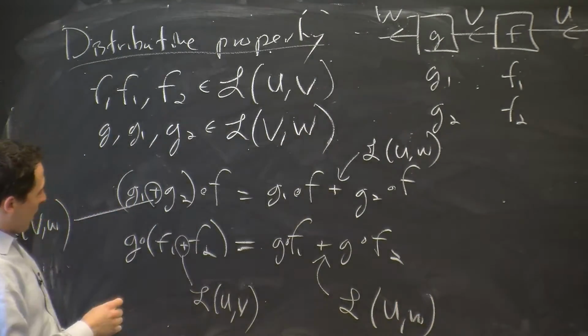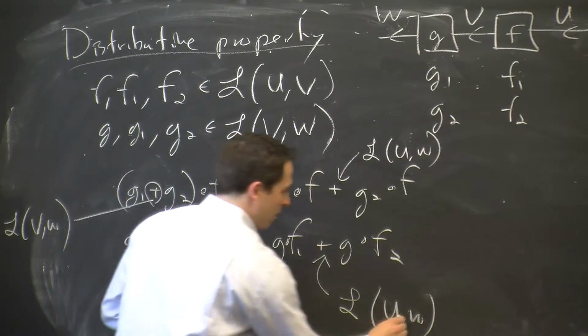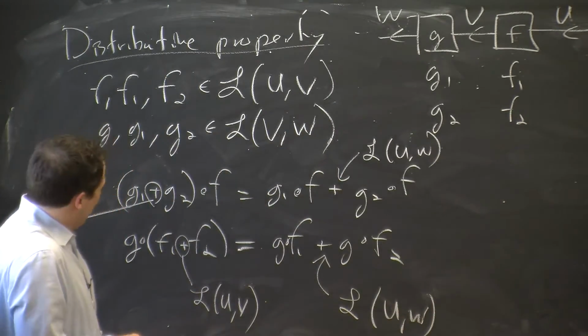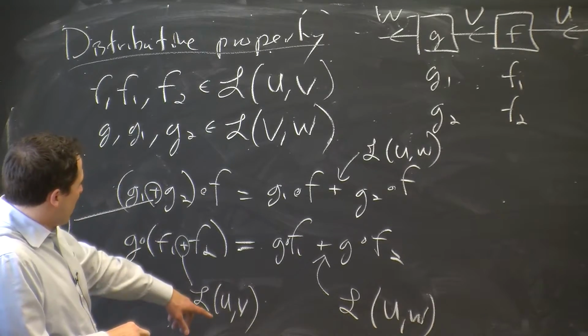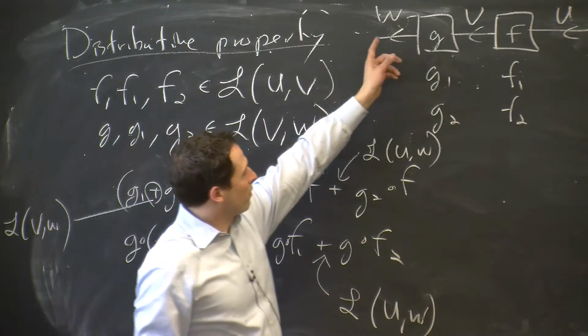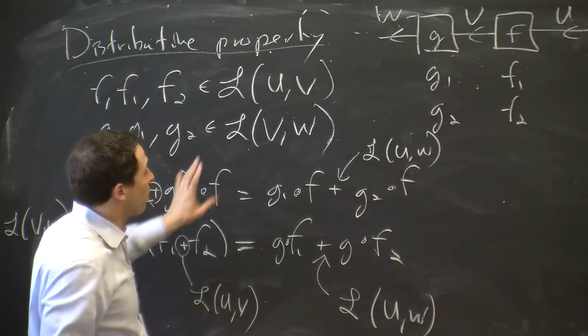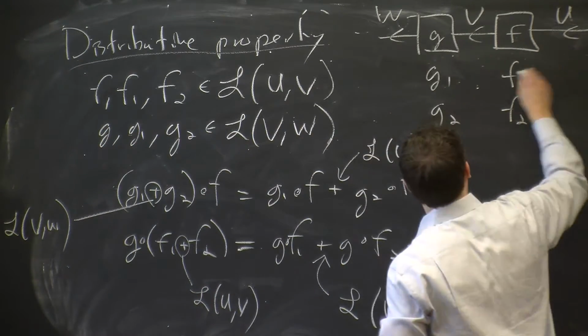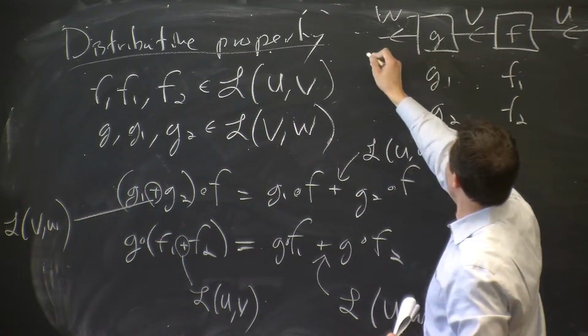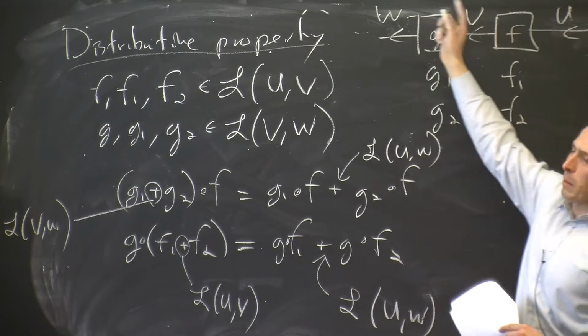So there's a lot of vector spaces floating around here. Three vector spaces of linear transformations, this one, and that one, and three underlying vector spaces.